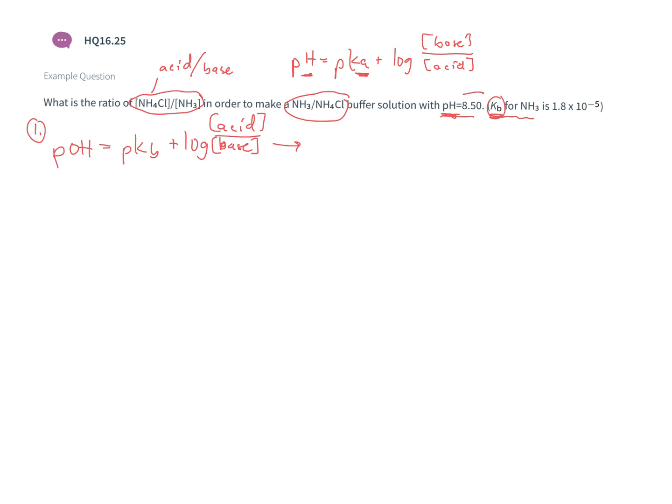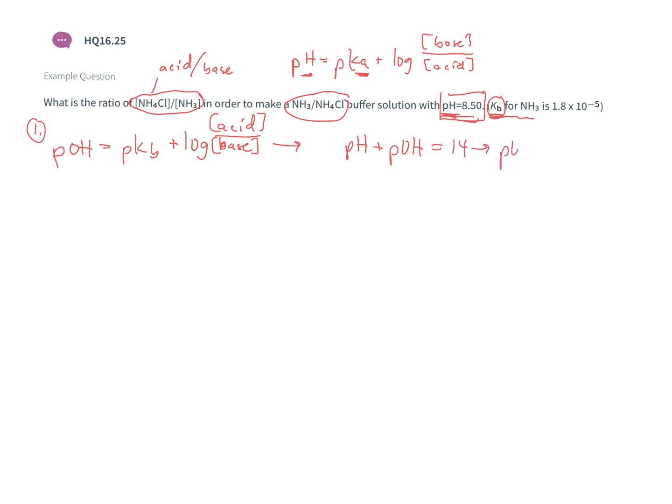Before I get started, please pay attention to your pH. pH is a variable here, so that will be different for everyone doing this problem. So to attempt this calculation the first way, using pOH and the Kb, with a pH of 8.5, I know pH plus pOH equals 14.